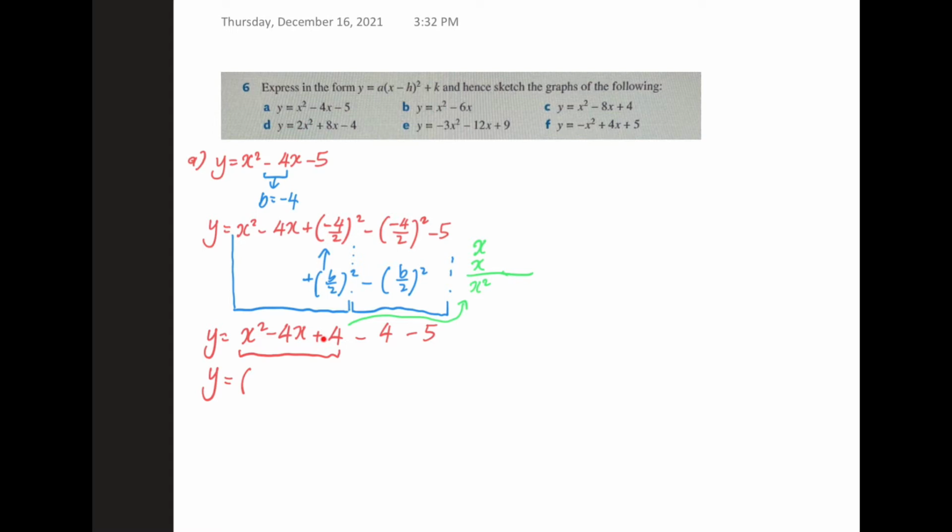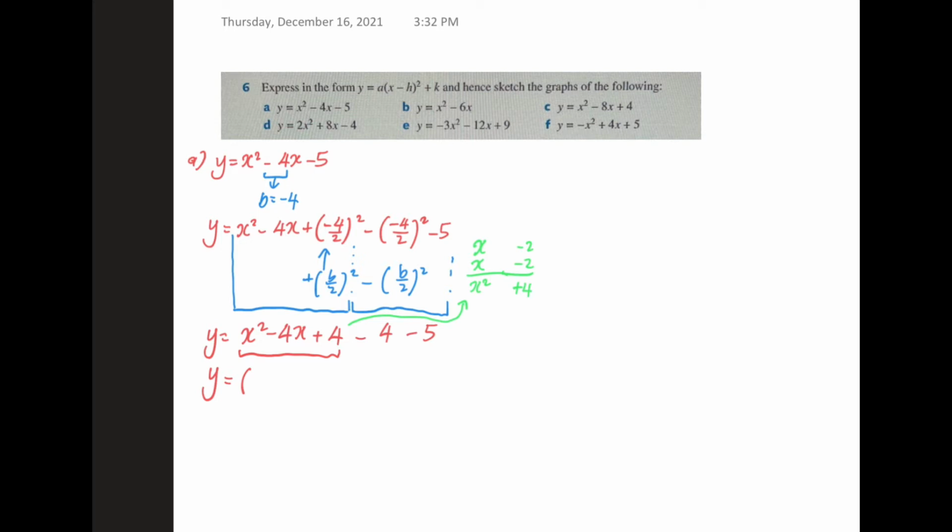Two numbers multiplied must give positive 4, and when you add the two numbers, you must get minus 4. So I'm going to use minus 2 and minus 2. When I multiply them, I get positive 4. When I add them up, minus 2 plus minus 2, I get negative 4, which is the middle term.